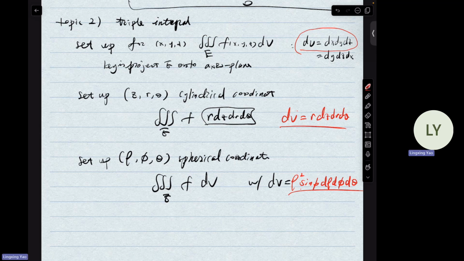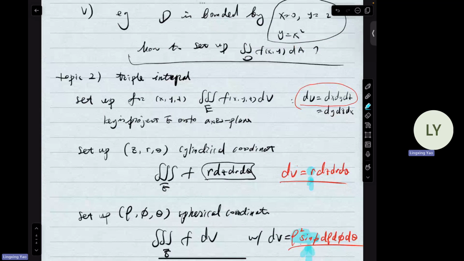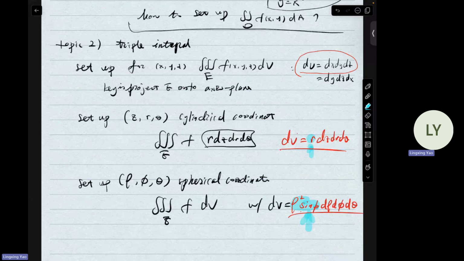So there's an extra factor rho squared sine phi here, and for the cylindrical coordinate, we have this extra r. Actually, this r and this rho squared sine phi are indeed the absolute value of the Jacobian determinant after you do this change of variable from the Cartesian xyz to either the spherical or cylindrical coordinates.